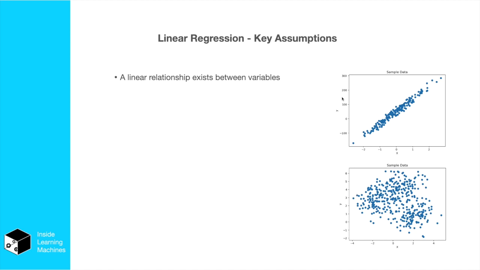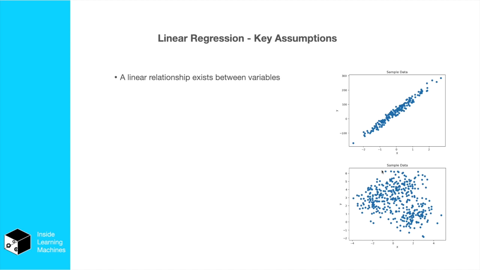Now you can see that in the first example, as x increases, so too does y, and we have this general linear trend in the data. So in this particular case, it's fairly obvious to conclude that there is in fact a linear relationship between the two different variables. So we meet this first assumption quite nicely.